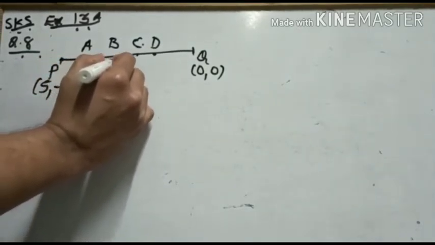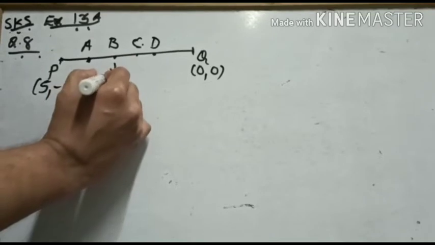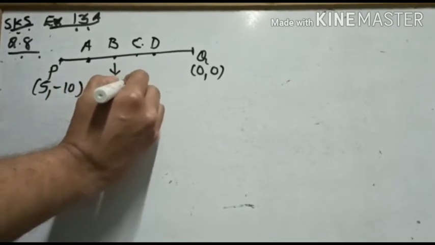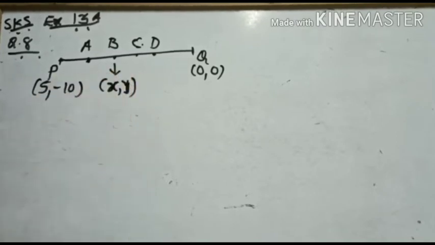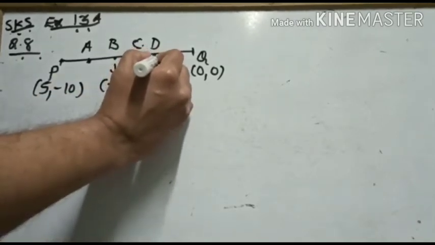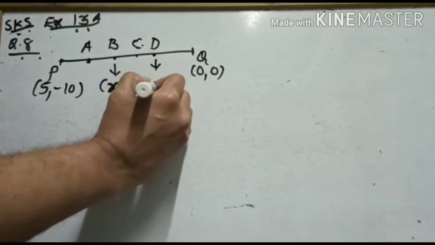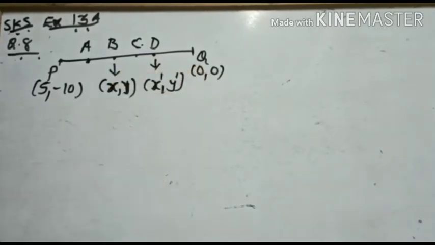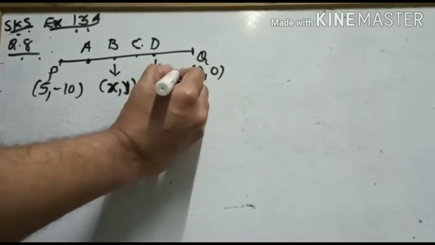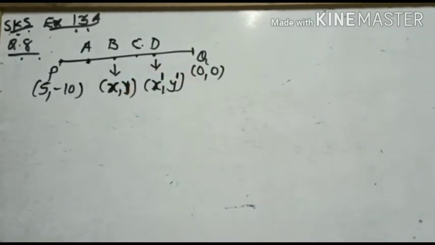Now we are supposed to find the coordinates of point B, which I do not know, so I am labeling it x, y, as well as the coordinates of point D, which we do not know, so I will label it x dash, y dash. Now it is mentioned that A, B, C, D divide segment PQ into 5 equal parts.